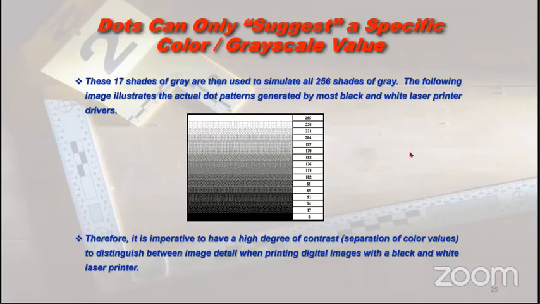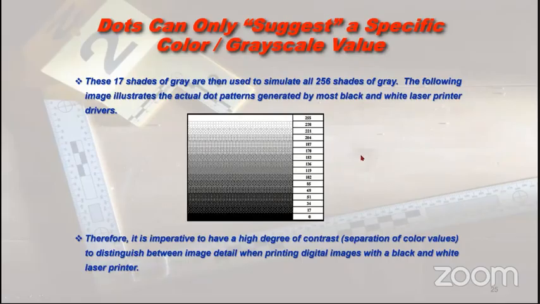So I lose the ability to visualize and distinguish between that level of detail. So you have to make sure that you have sufficient contrast when you are dealing with your images in the event that you have to print them.